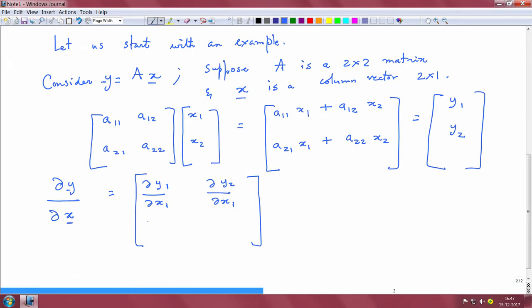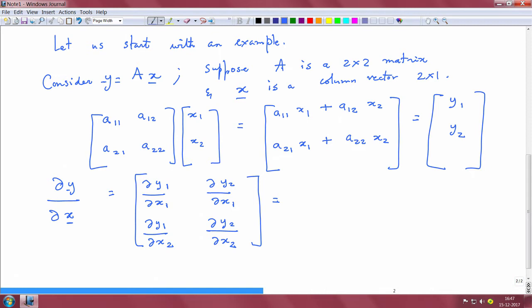Similarly, in the second row I look at y1, take the derivative with respect to x2, then look at y2, take the derivative with respect to x2.